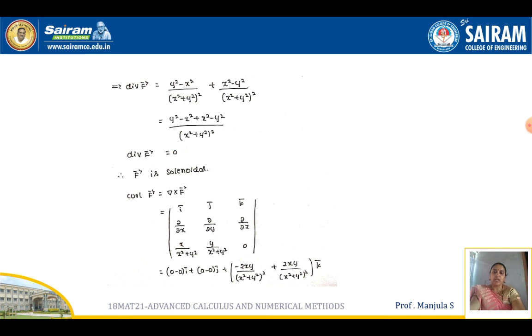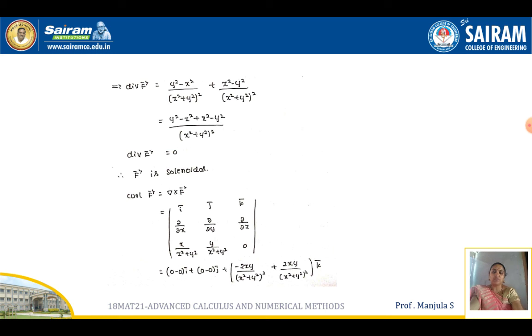Now we have to prove that vector f is irrotational. To prove that, we have to find out the value of the curl f, that is del cross f. So del cross f means we have to go for using the determinant. So first row will be i cap, j cap, k cap, that is dou by dou x, dou by dou y, dou by dou z, and in the last row you just substitute the coefficient of vector f, that is x divided by (x square plus y square), y divided by (x square plus y square), and the last term will be 0.